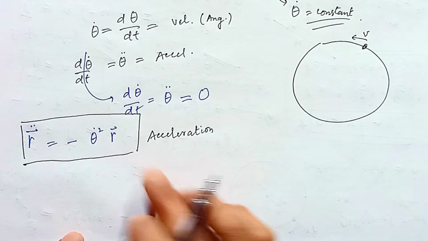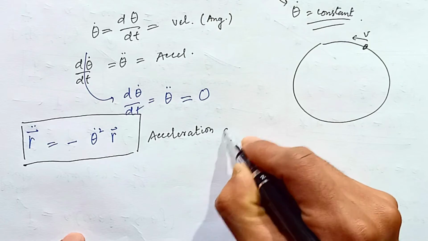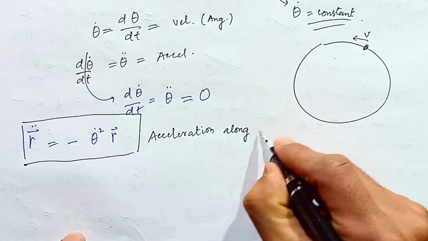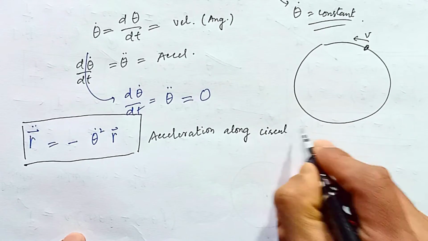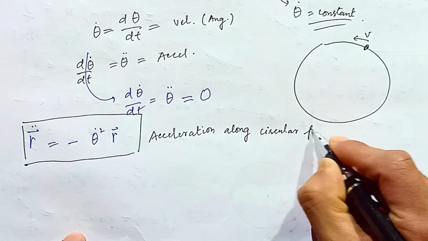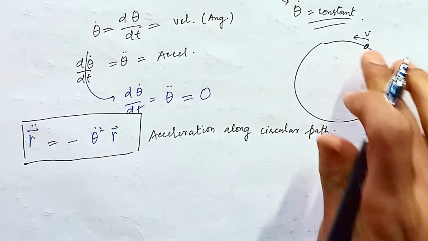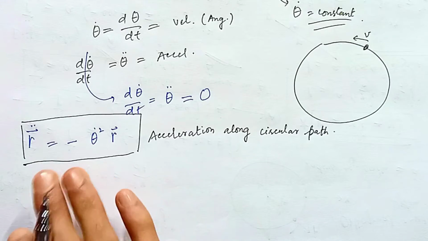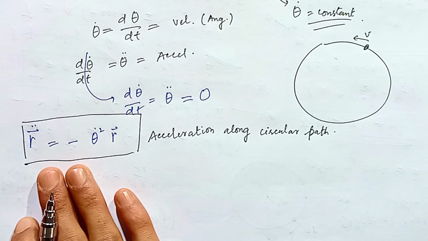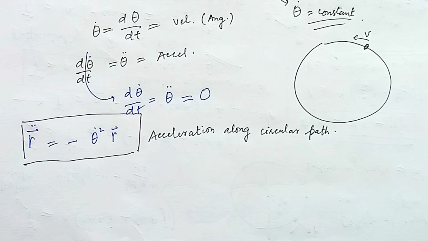This very term gives the acceleration along the circular path, even though the velocity is uniform.